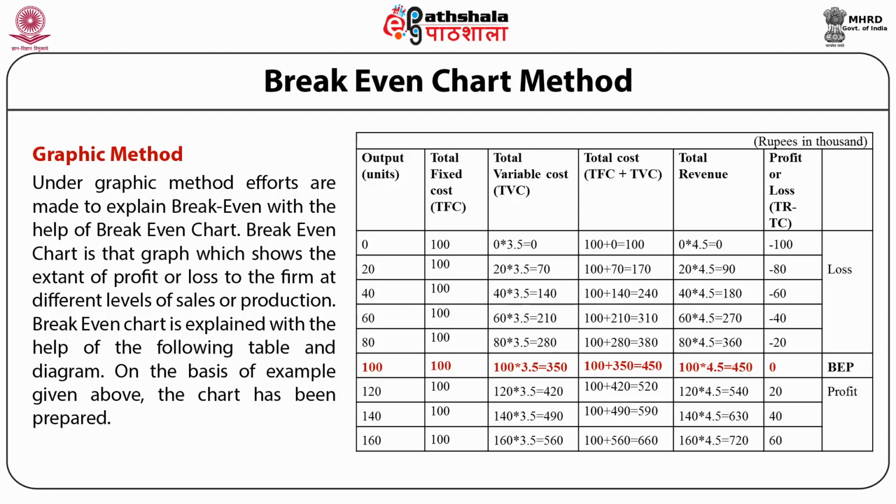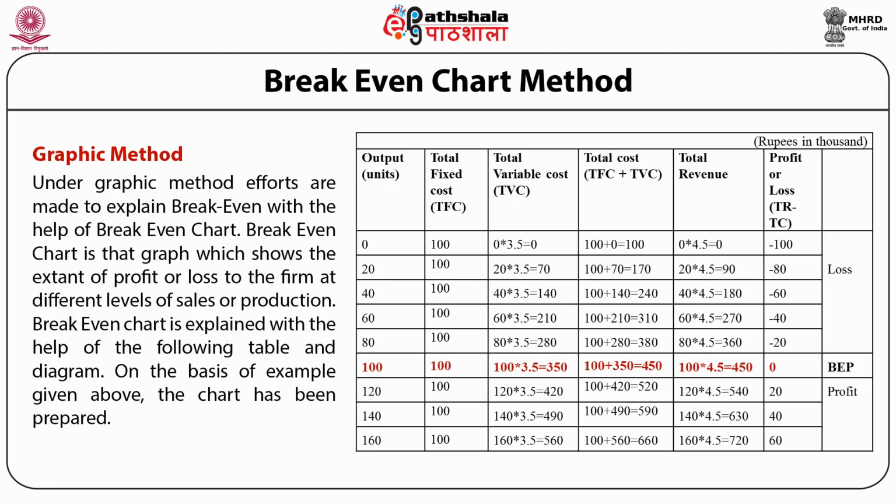In the next column, we have found out the profit or loss, that is the difference between total revenue and total cost. When the company is producing 0 units, it is earning a loss, that is 1 lakh, and it keeps on reducing with the increasing level of output. When it reaches 100 units, there is a situation of no profit, no loss.